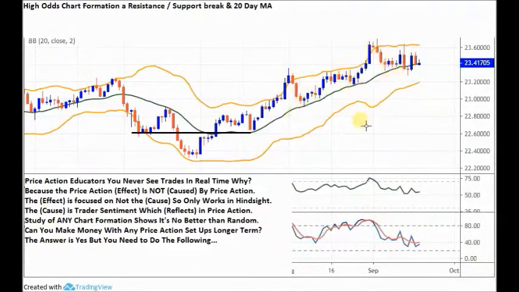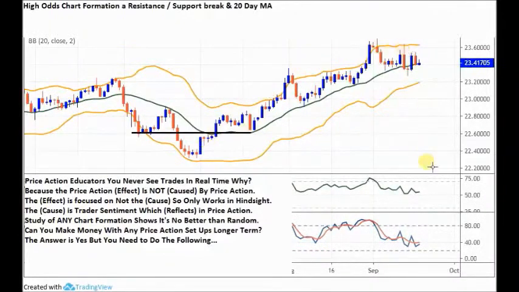They'll normally be supported by a 20-day moving average in a strong trend. It's just standard deviation to a mean price, which is used in various areas of life. It's a concept that works. The chart formation will only work if you know the cause of the price action. It's not a question of just following price action.